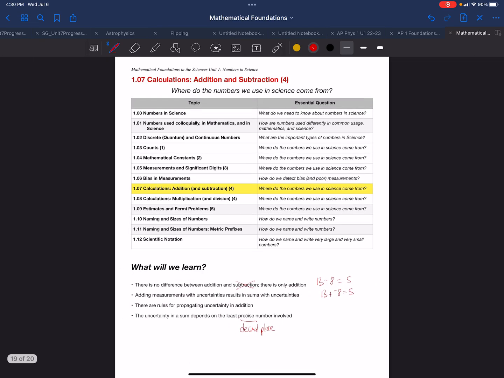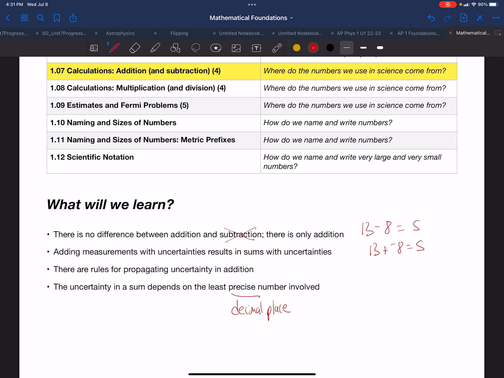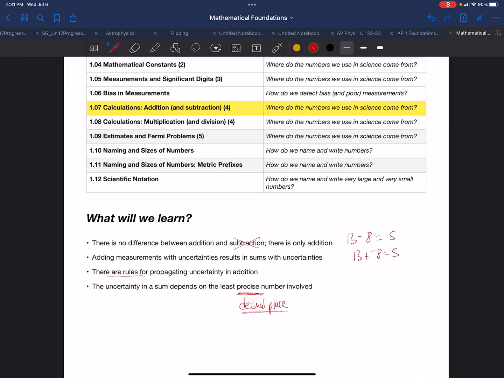So to go back to our goals for today, the uncertainty in a sum depends on the least precise number involved. That means the least precise decimal place. And that constitutes the rules for uncertainty in addition and subtraction, since all there is is addition; subtraction's just adding the opposite.